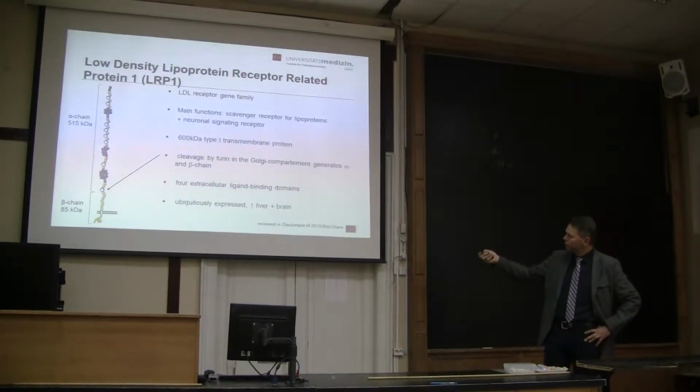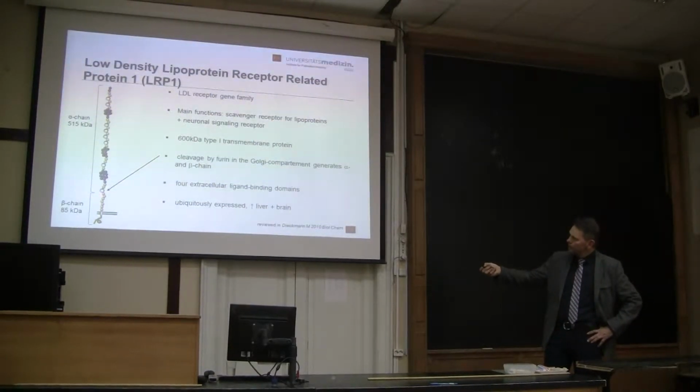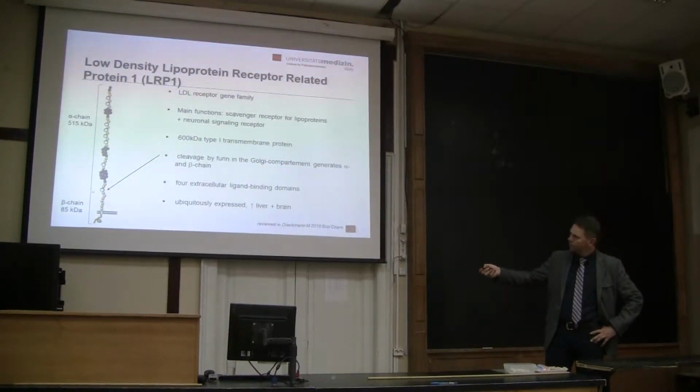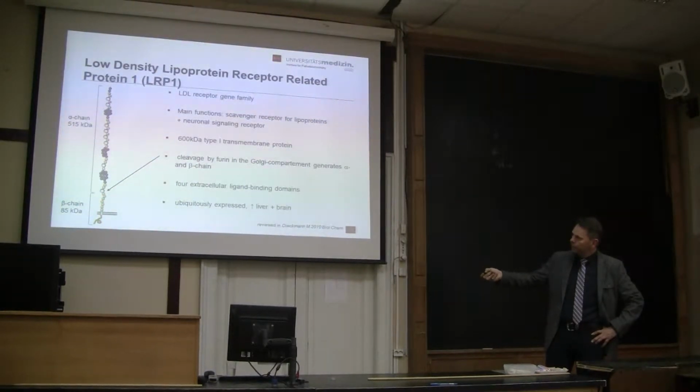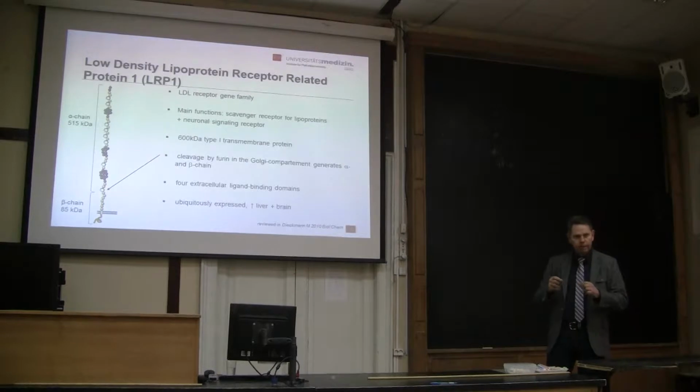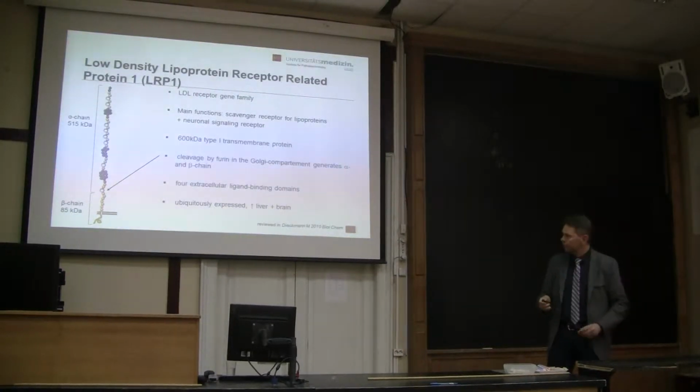Then in the Golgi compartment, furin cleaves LRP, and the alpha chain, or heavy chain, stays non-covalently attached to the beta chain, the light chain. Both of them stick together as a receptor and travel to the cell surface.